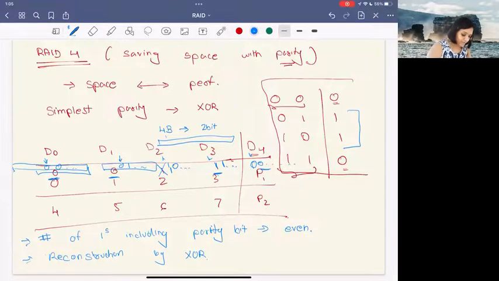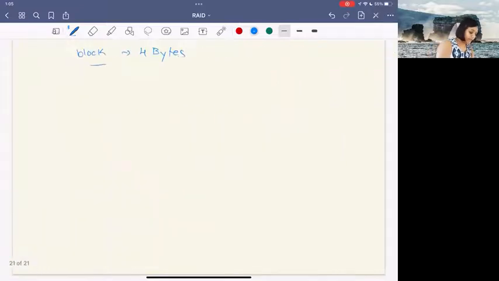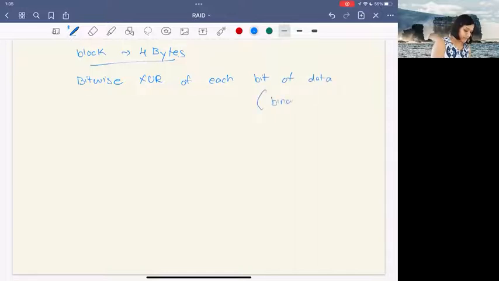So a bitwise XOR for each bit of data, which is again in the binary version, is good enough for whatever our block size is. We could work with that.